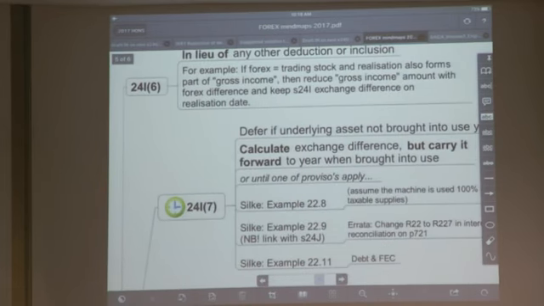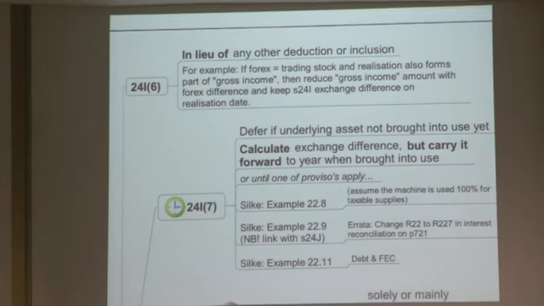I said, if your Forex amount equals your trading stock, because remember we discussed earlier that you can actually speculate with these foreign currency amounts or foreign currency debts. So if your Forex is also now your trading stock, when it's realized, what's going to happen? I'm disposing of trading stock, but I'm also realizing a foreign exchange item. So I'm effectively going to have a gross income inclusion and a 24I exchange difference.